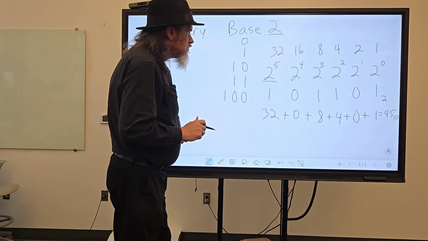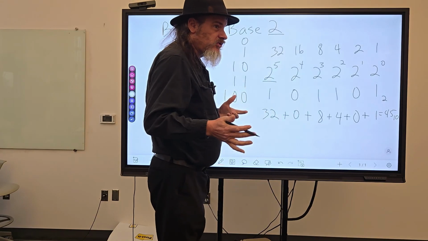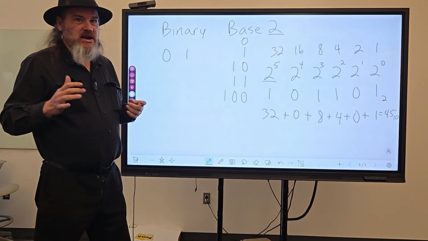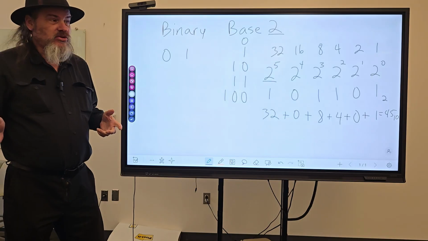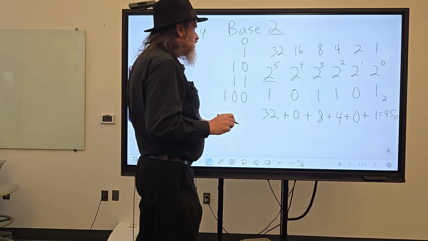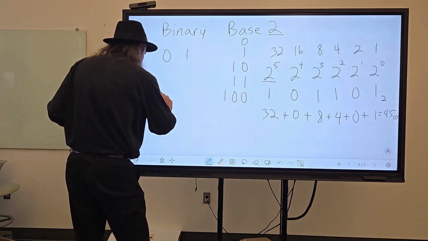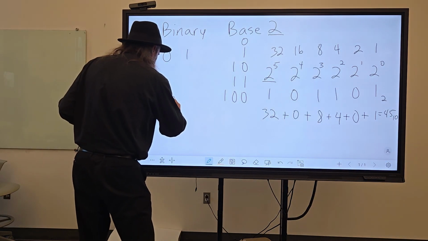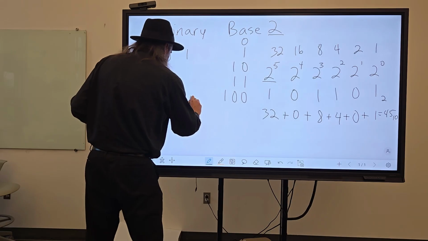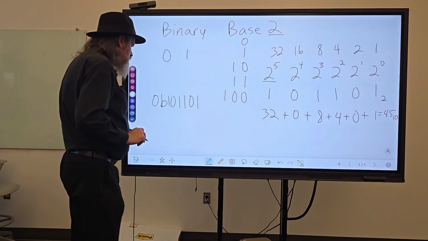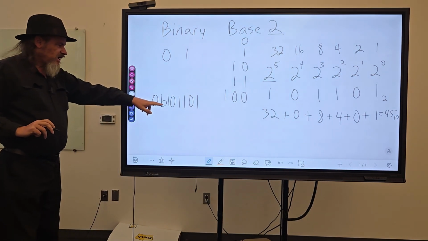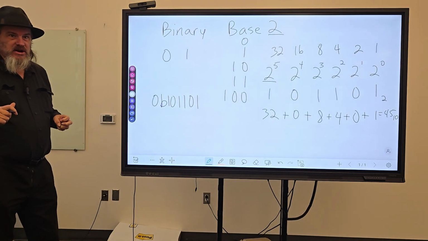All right. There are other ways to indicate that it is base 2 as well. You can, for example, for this number, do 0B101101. The 0B indicates that it is binary.